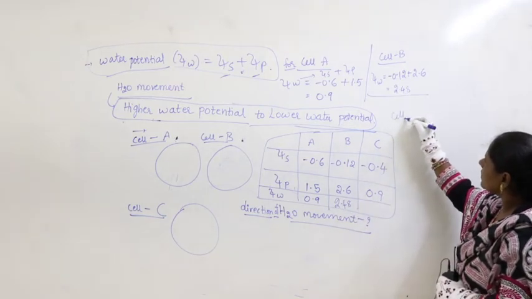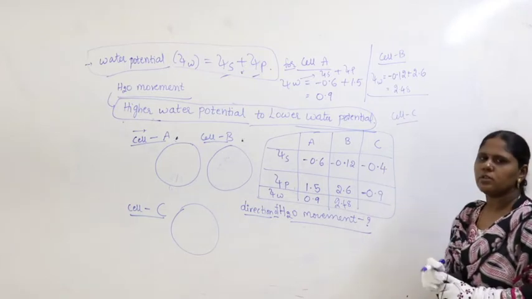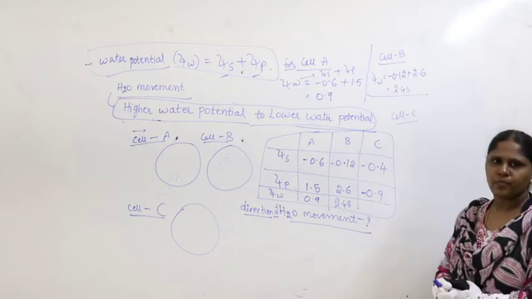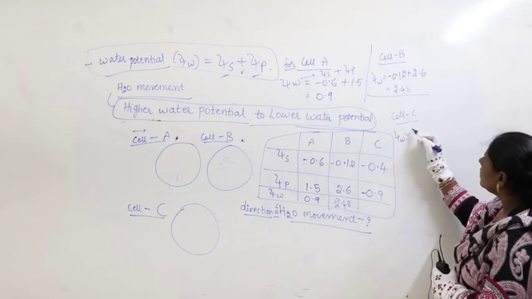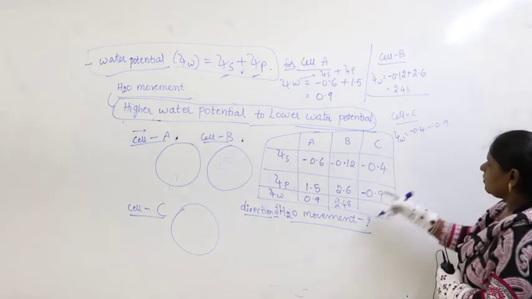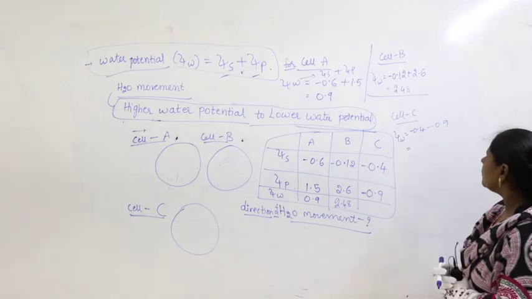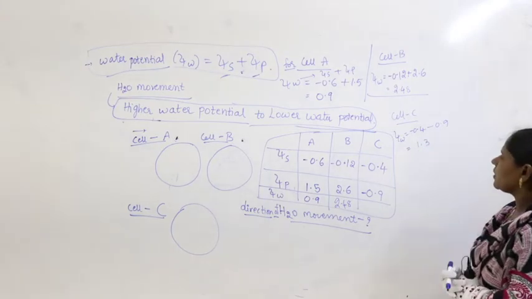And for cell C, let us take some value. Pressure is also minus 0.9. Let us take some minus value here. So here what will you get for water potential? Minus 0.4 minus 0.9, plus into minus is minus. Then how much will you get? Here you will get approximately minus 1.3, right?